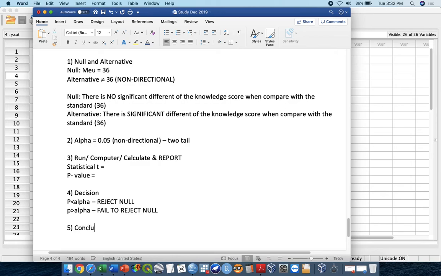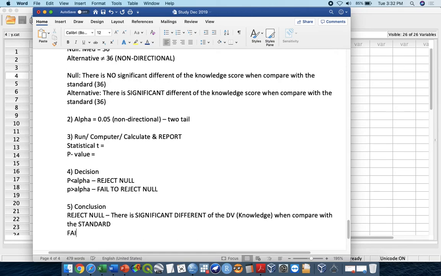Then the fifth step is conclusion. If you reject the null, what is your conclusion? There is significant difference of the DV, which is knowledge, when compared with the standard.